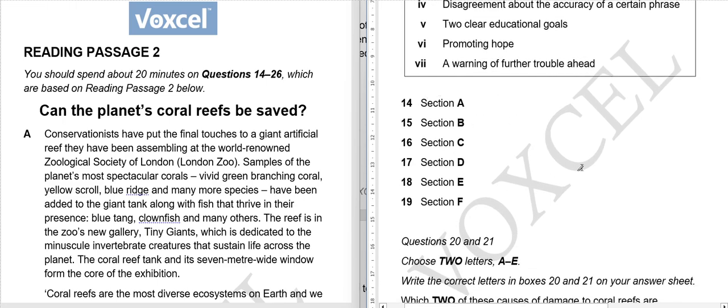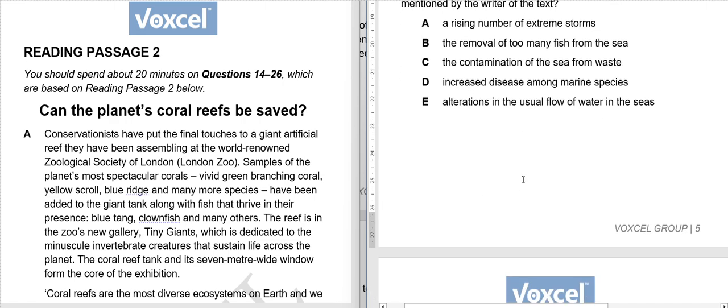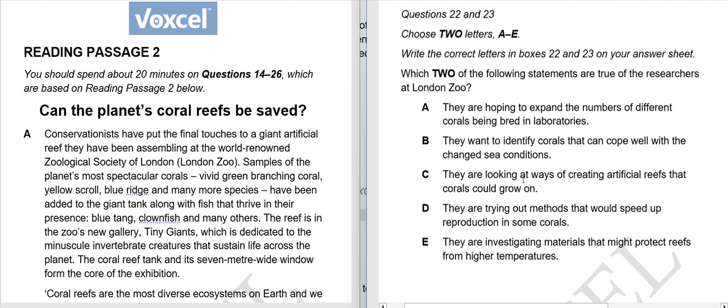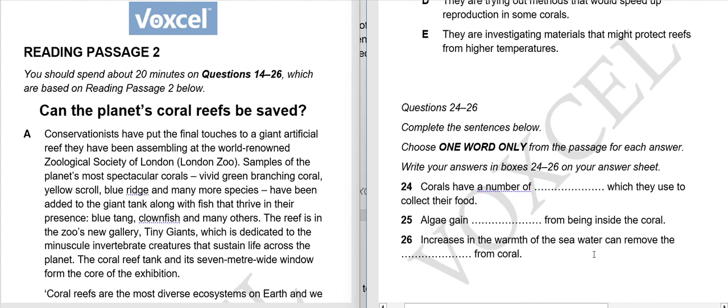We have to write 1 to 7, whatever the correct answer is. Then for 20 and 21 we have to write 2 options out of these 5. And 20 to 23 again we have to find 2 options. And for 24 to 26 we're gonna have to fill in the blanks.